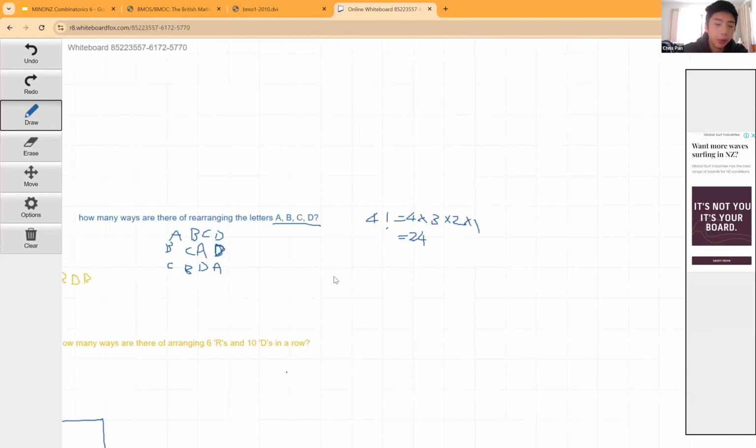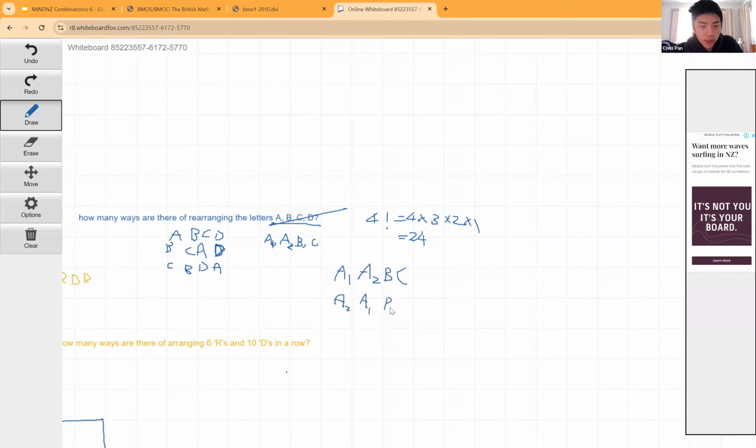But what happens if we ask how many ways there are of rearranging letters, if I change A, B, C, D to A, A, B, C? Well, you can still say there's 4 choices for the first letter, then 3 choices, 2 choices, and 1 choice. But if we denote these A's as A1 and A2, giving them different identities, then our counting would count A1, A2, B, C as a different arrangement from A2, A1, B, C, which is not good.